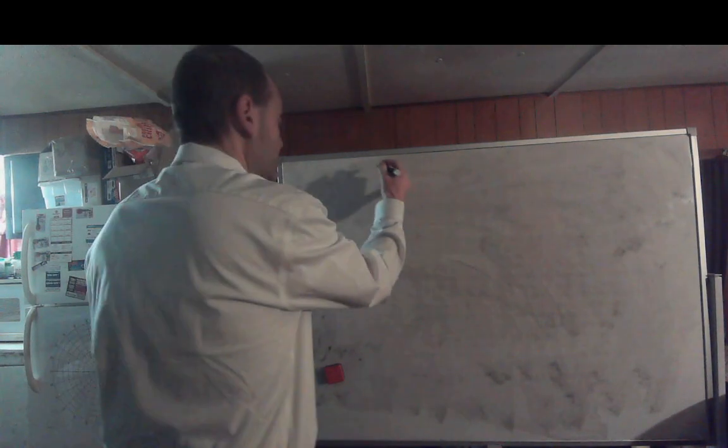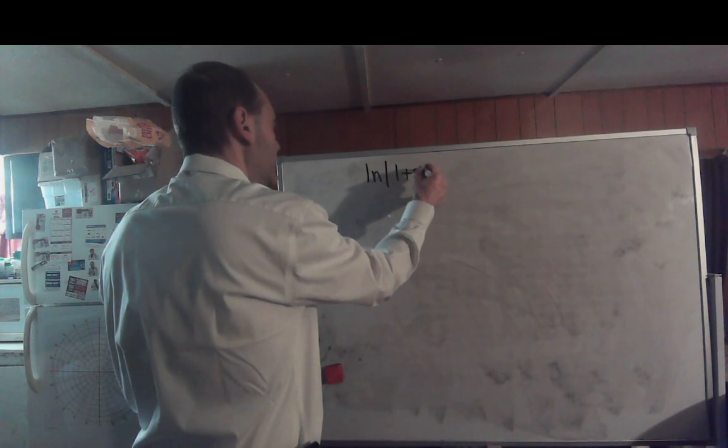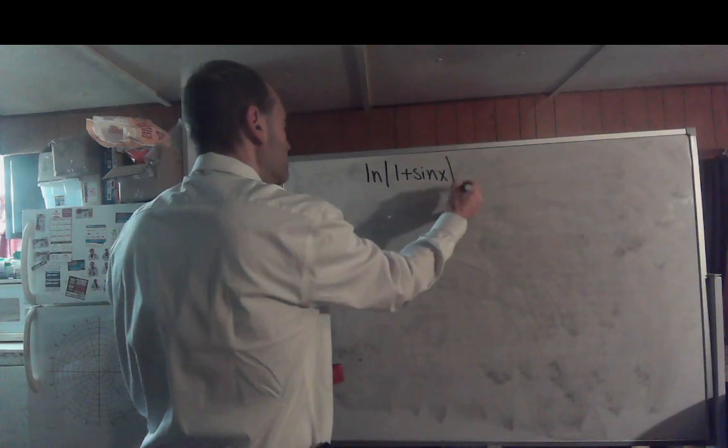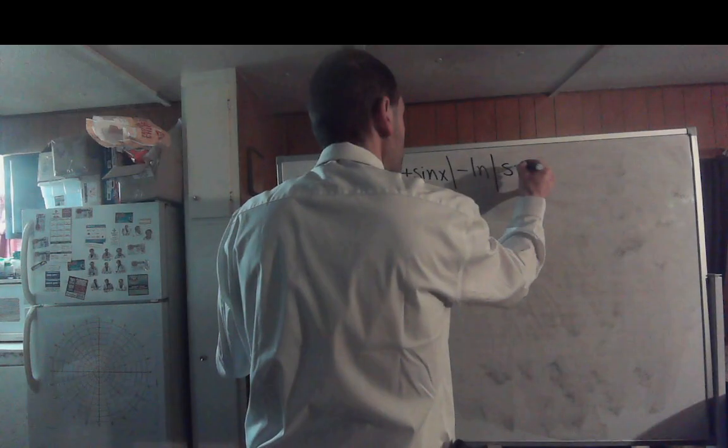Two more of these, then we're done with the lesson. We have the natural log of 1 plus sine of x minus the natural log of the secant of x.